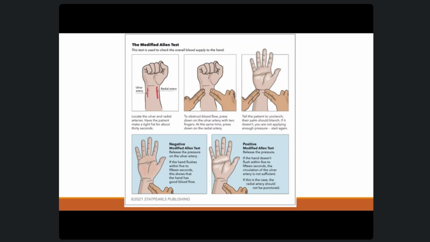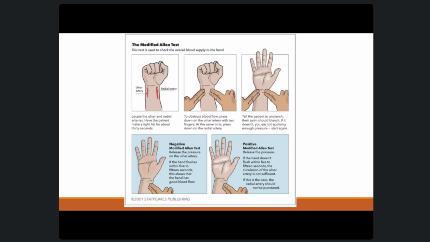The red should return within 3 to 5 seconds. Okay? So, again: close, palms up, close, then compress, then open, release. When the hand opens, you will notice that it is already white. So on release, you expect hyperemia.